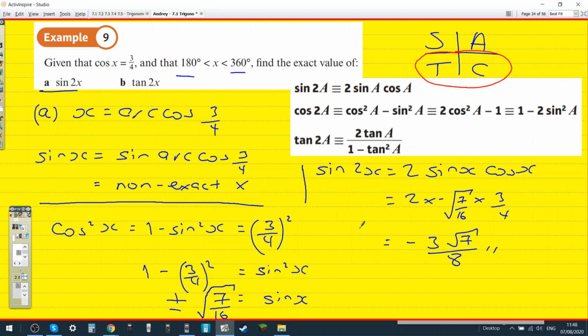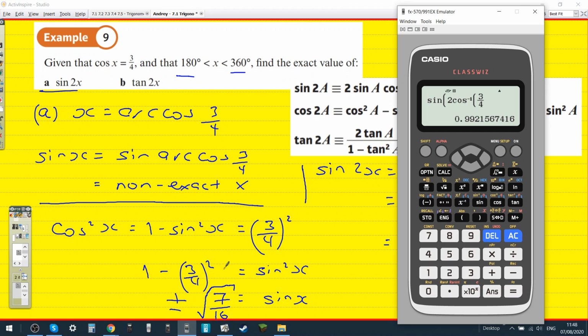Could I sub in minus 3 root 7 over 8 into it? I'm sure that'll work. What does it say? Does it give a decimal? Yeah, minus 0.99921567416. Look familiar?